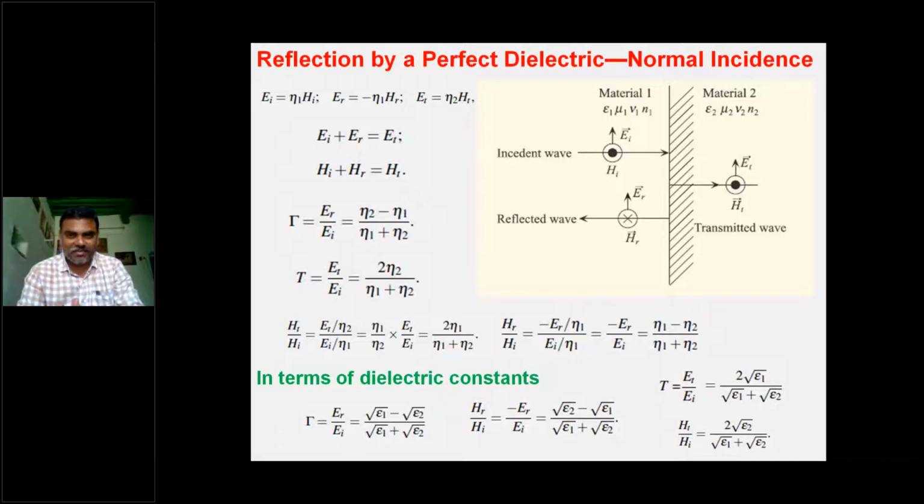The sum of incident and reflected is equal to transmitted: Ei plus Er equal to Et, and Hi plus Hr equal to Ht. And by solving for the reflection coefficient Er by Ei in terms of intrinsic impedance values, we get η2 minus η1 by η1 plus η2.